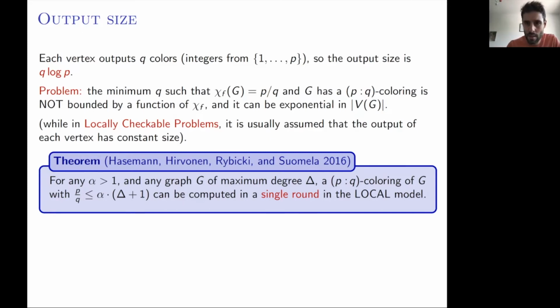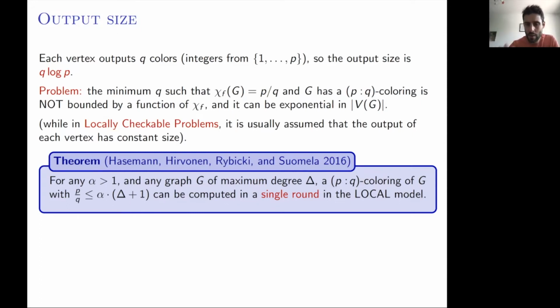Yes, it's quite magical, but what worries me the most is not so much the fact that p over q can be very large. It's rather the fact that you don't really beat classical coloring so much. The improvement is mainly on the number of rounds, but if you really want to improve scheduling, what you want is to improve the number of colors. And here it's a bit less useful than just a delta plus one coloring.